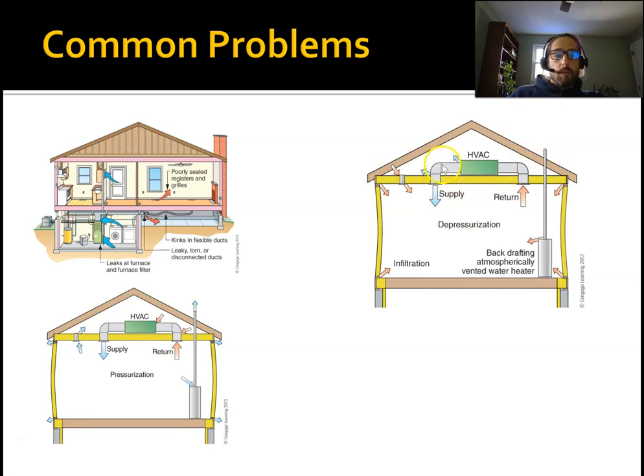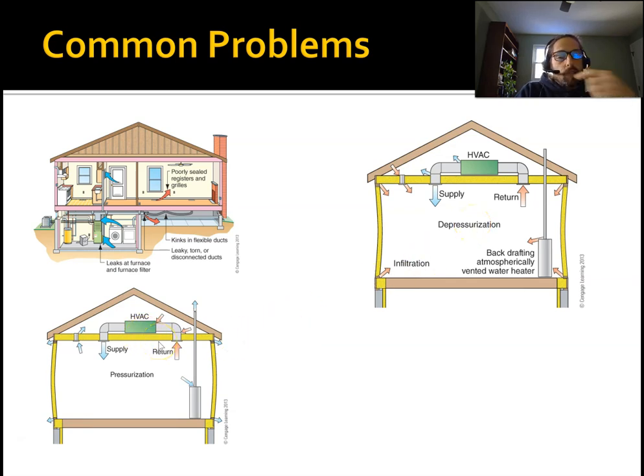But if you have supply leaks, leaking out into this unconditioned space, now you're basically pulling more in than you are pushing out, because on the side that's pushing out, you're losing some. So you end up with a depressurized room or building when that happens.